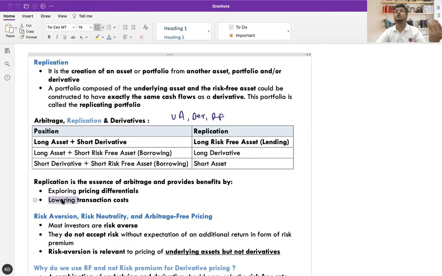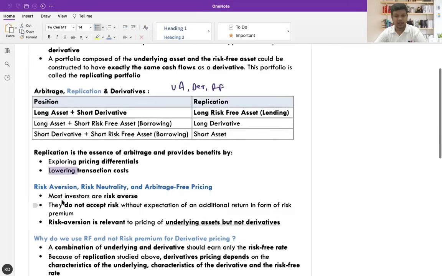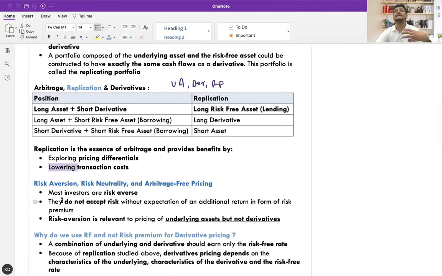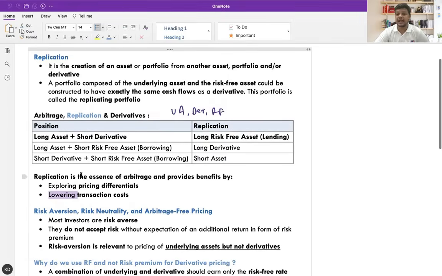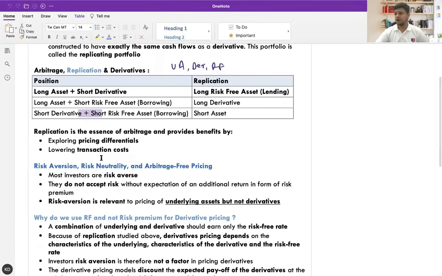You can use this for various reasons. That is why people do replication. And at times replicating is cheaper than directly taking the underlying asset. For example, instead of shorting the asset in the underlying, which is difficult, you can do a short derivative and do borrowing. That depends. Of course, that's not the ultimate objective here, but the most important objective is to find the opportunity, if there is any opportunity to make money.